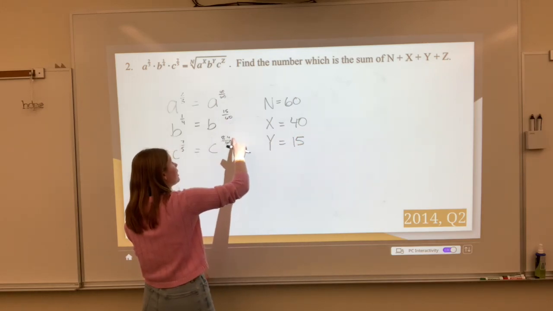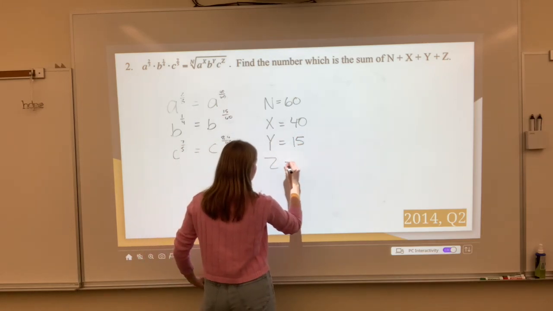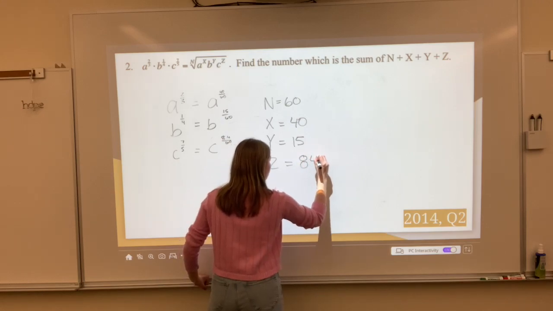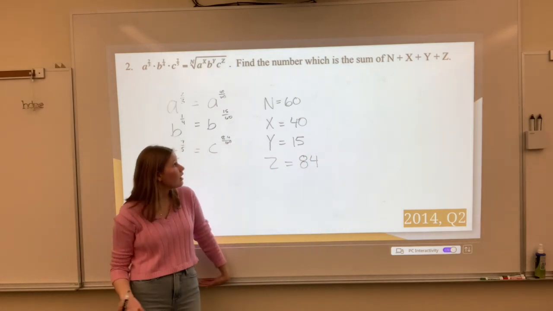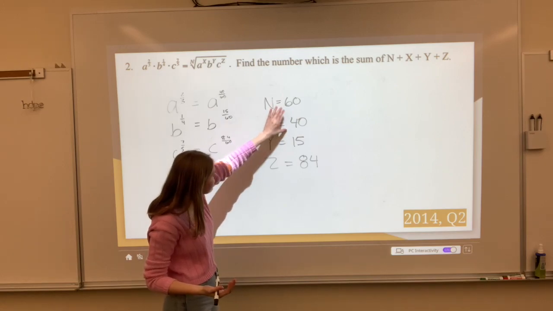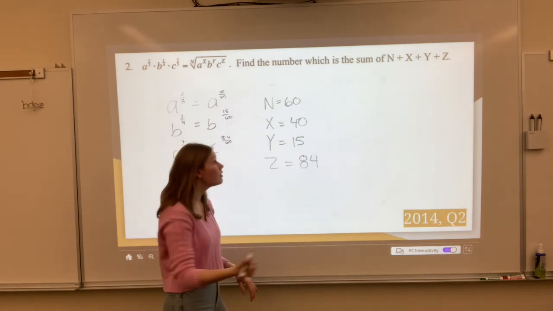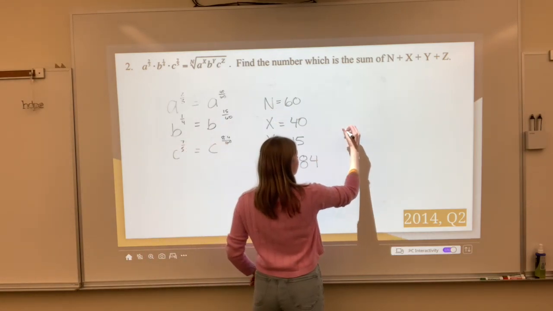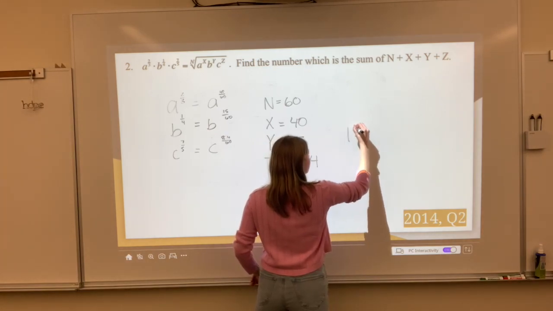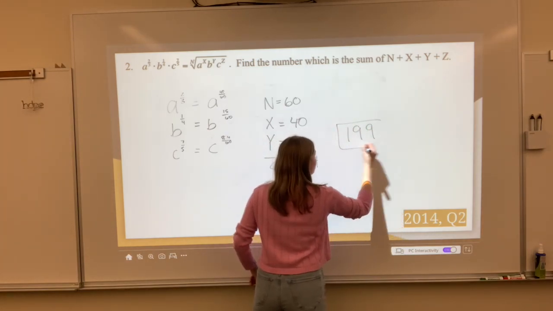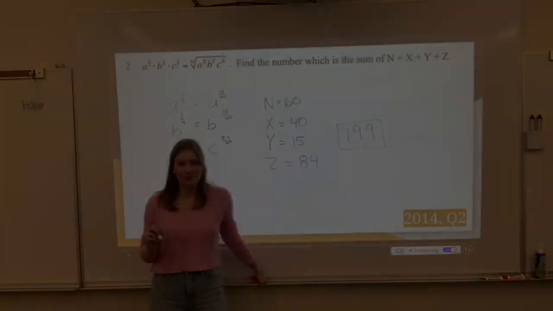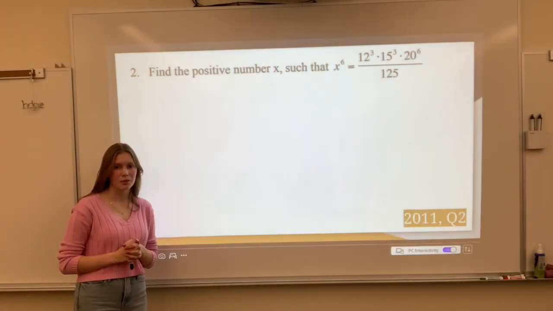C, the numerator is 84. Z must be equal to 84. Now, we add these all up, we get 199. So, our final answer of n plus x plus y plus z is 199.